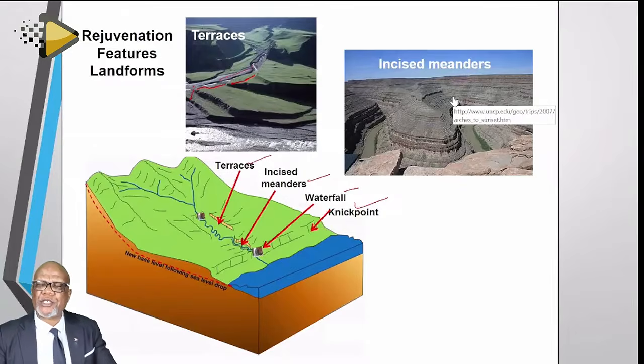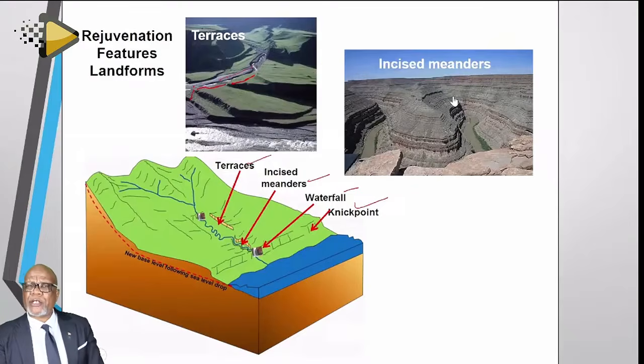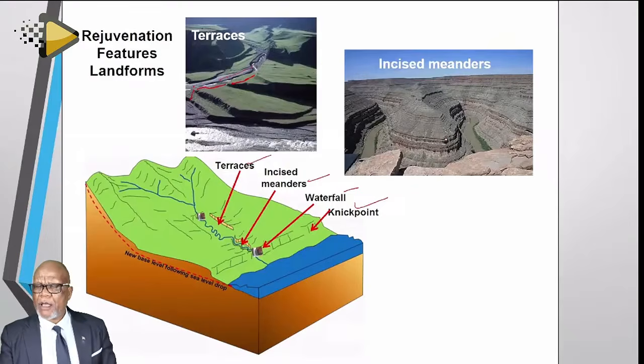The meanders just got deeper, because the river was meandering, and then it lost energy, then it gained energy to erode vertically again. When it gains energy to erode vertically again, we call that process rejuvenation. So once that happens, it means the meanders are going to be deeper. Those meanders that are deeper, we call them incised.